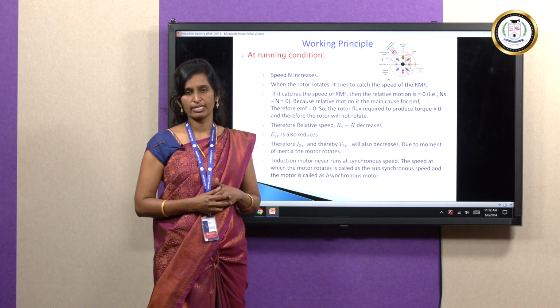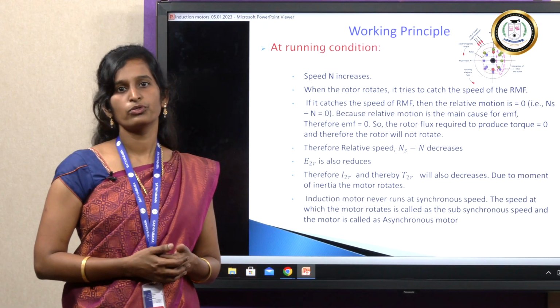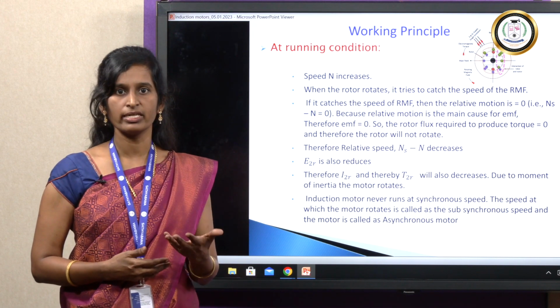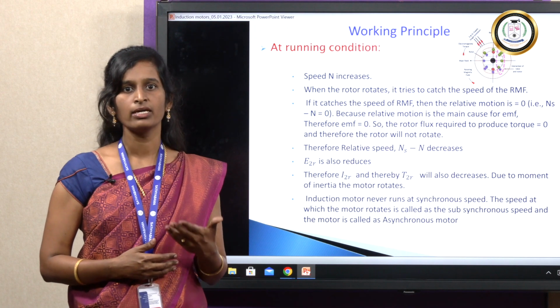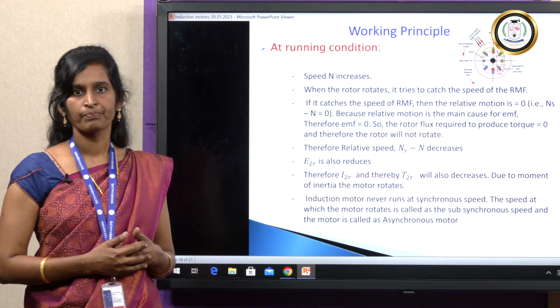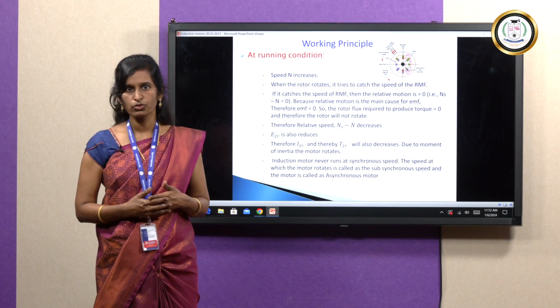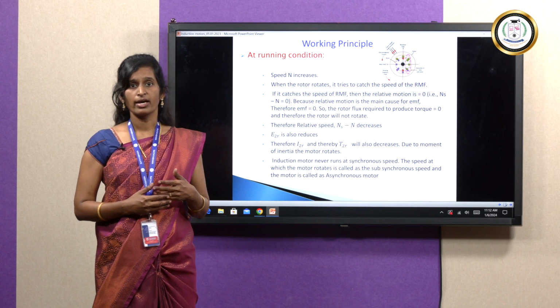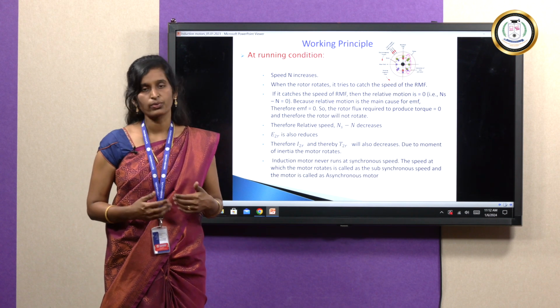If E2R reduces, I2R also reduces, and thereby the torque T2R induced on the rotor is also reduced. If torque is reducing, the motor speed should also reduce, but the motor has moment of inertia and thereby keeps on rotating.